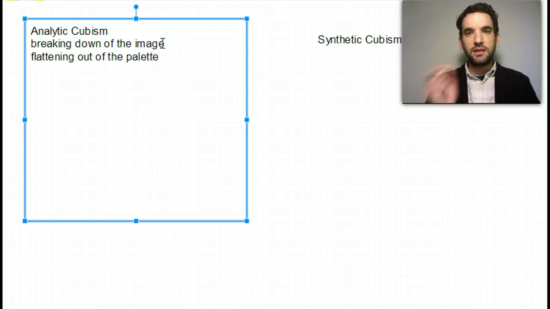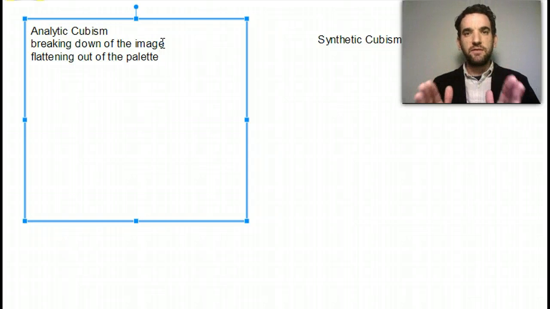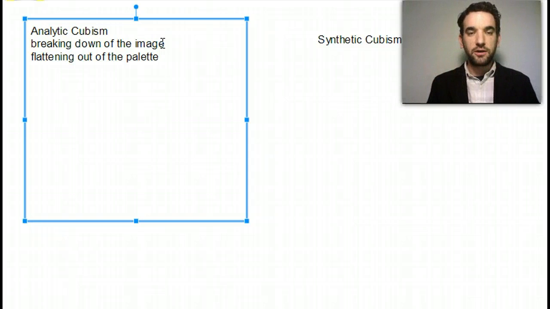When I say that, I mean that they basically went through one tonality. They painted in one color. Generally speaking, they were only using browns and ochres. They really didn't like color. They didn't like black or gray or anything on the black to white gray scale. They were really specifically dealing with one kind of color.